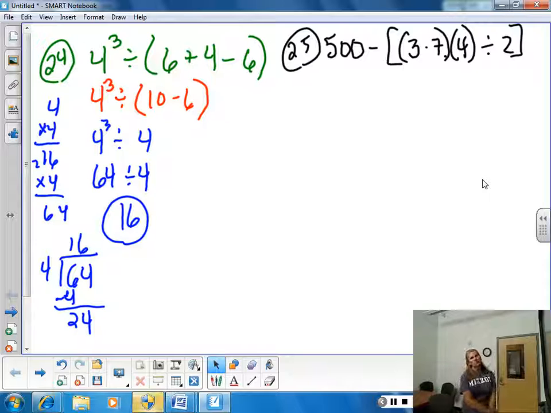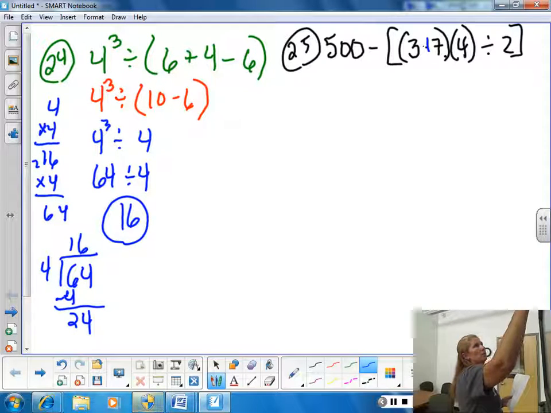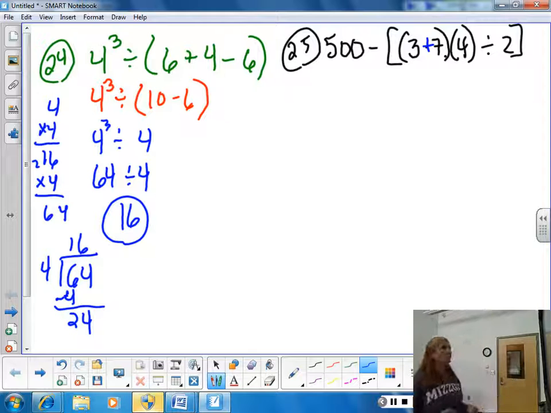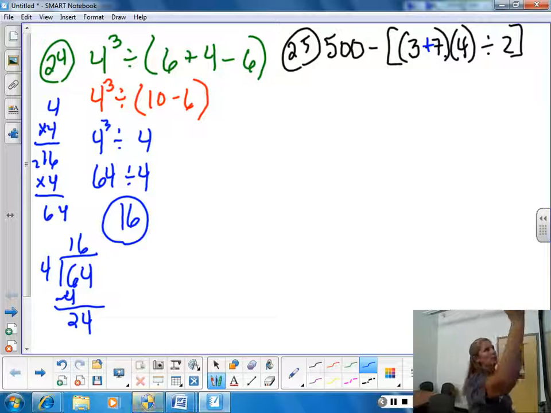That's going to happen last. 500 minus whatever. Inside the brackets we have 3 plus 7. I just want it to look like the one that you have. We're going to do inside. If you have more than one set of parentheses, you do the innermost and work out. So we're going to do 3 plus 7 first.